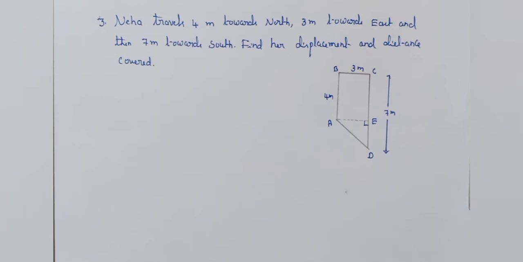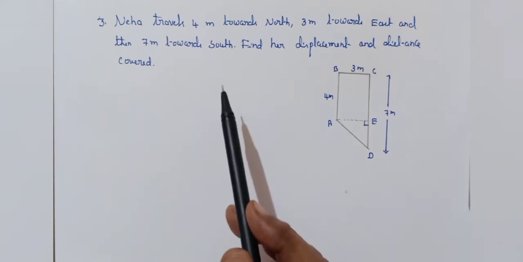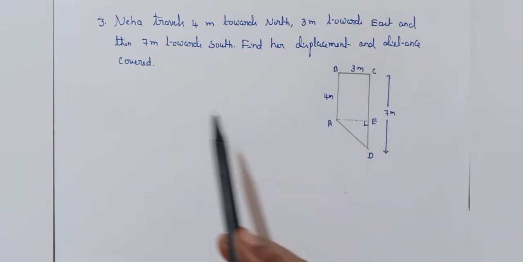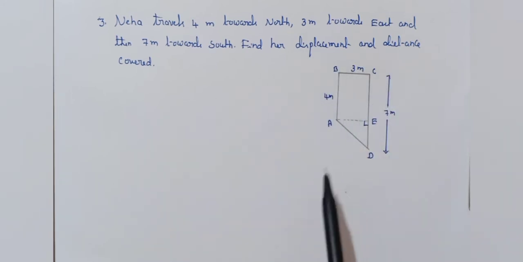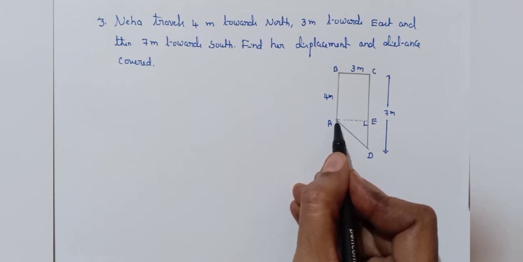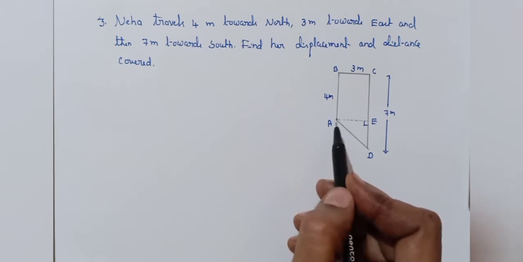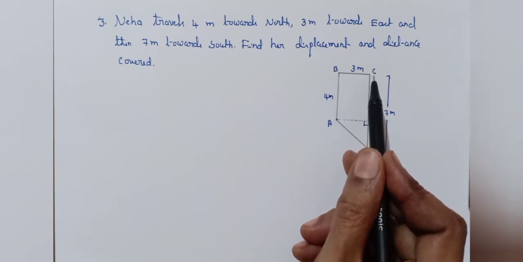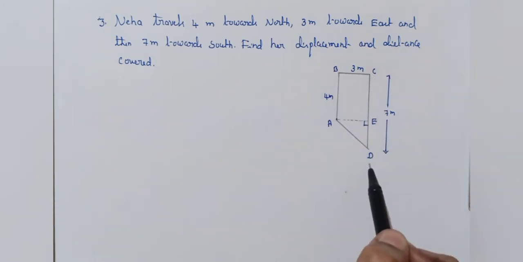Next problem. Neha travels 4 meter towards north, 3 meter towards east and then 7 meter towards south. Find her displacement and distance covered. Let the initial position of Neha be A. She travels 4 meter towards north and then 3 meters towards east and then 7 meter towards south.